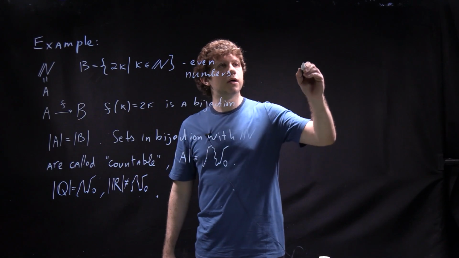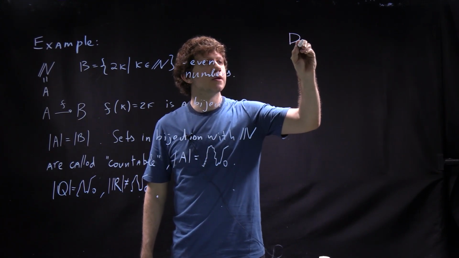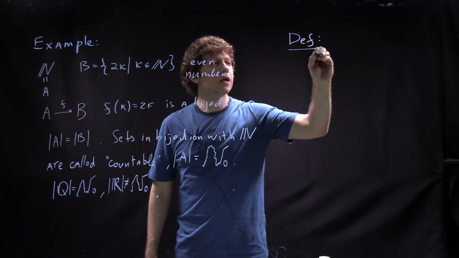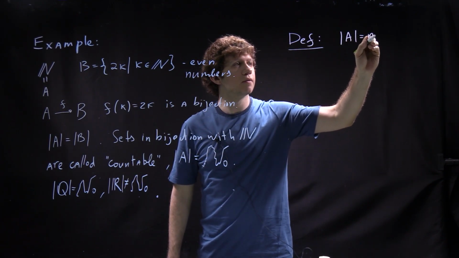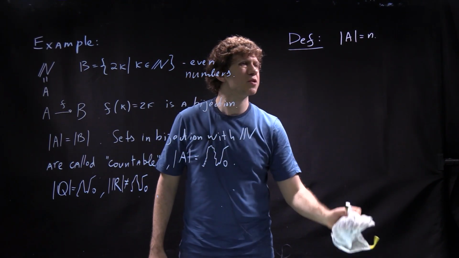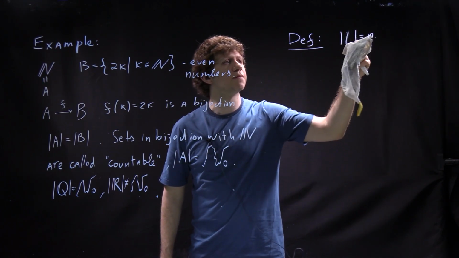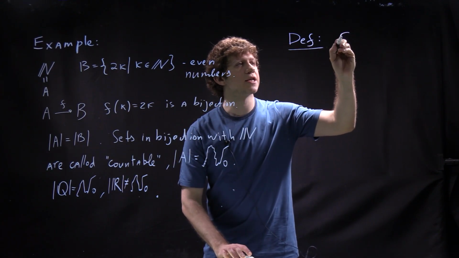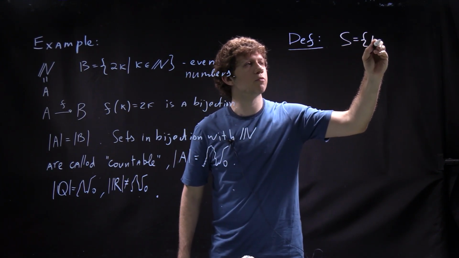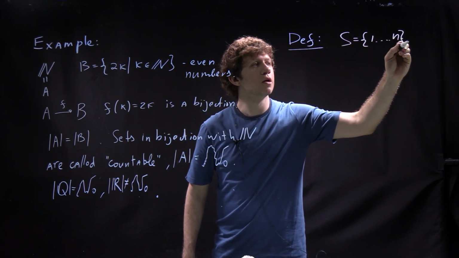Another little definition: let's suppose that the cardinality of A is equal to n. Maybe let me switch notation. Let me denote this set by S, so S will be the set 1 to n. I will use this notation a lot.